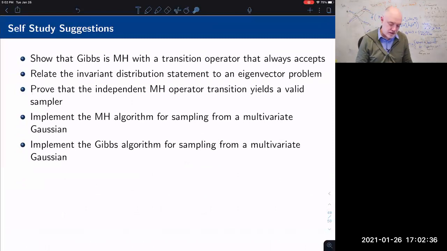We talked about the invariant distribution statement being an eigenvector problem. That's pretty cool. It's worth thinking for a second about how independent Metropolis-Hastings yields a valid sampler. And a very simple thing to really solidify your understanding of Metropolis-Hastings and Gibbs sampling is to actually use them to sample from a multivariate normal. In particular, a correlated multivariate normal.